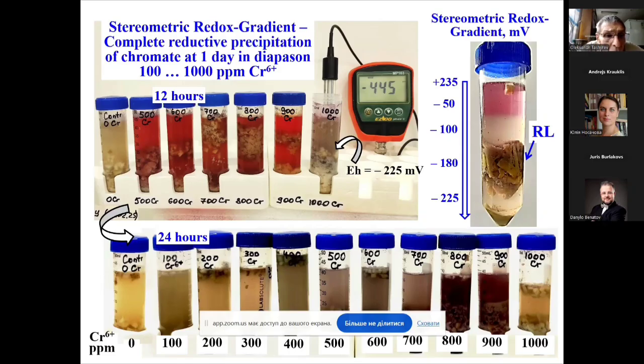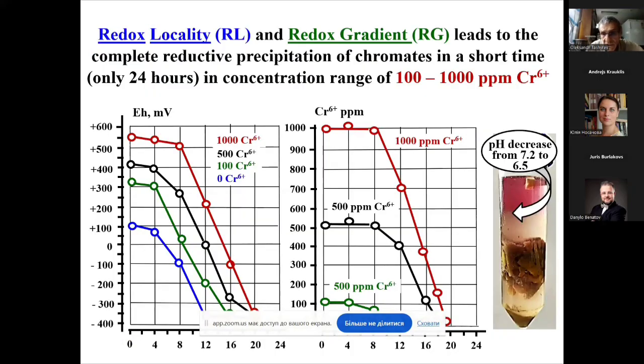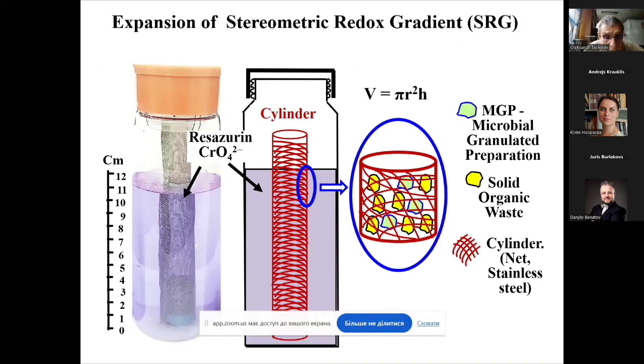Only in one day, we obtain the complete reductive precipitation of chromate. And it means that anaerobic microorganisms were completely, spatially isolated from the super toxic high potential chromates. And here you can see the graphical confirmation of this effect.